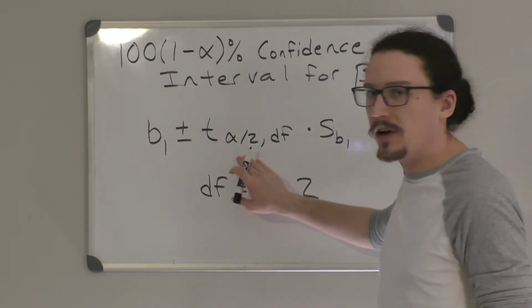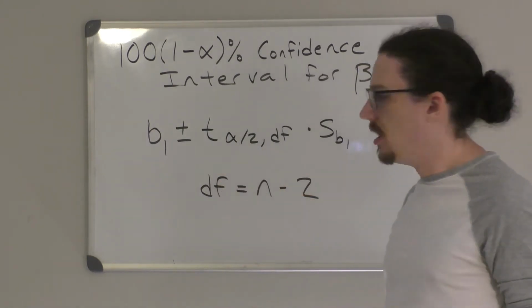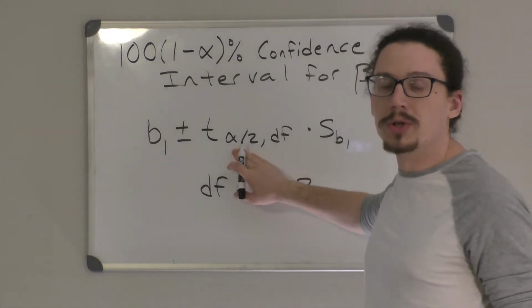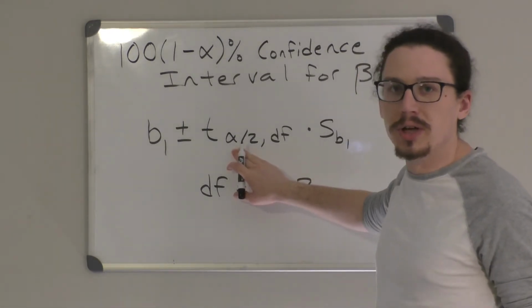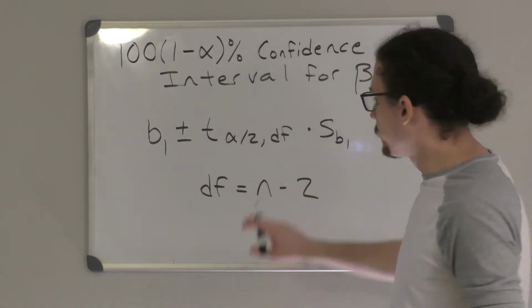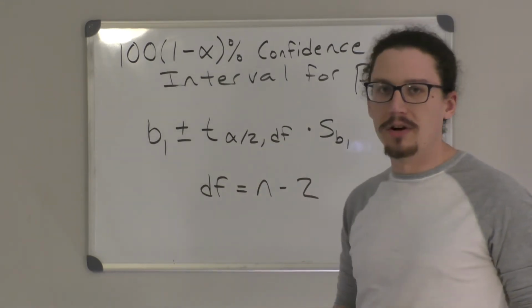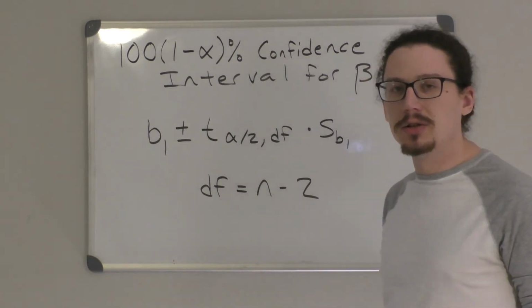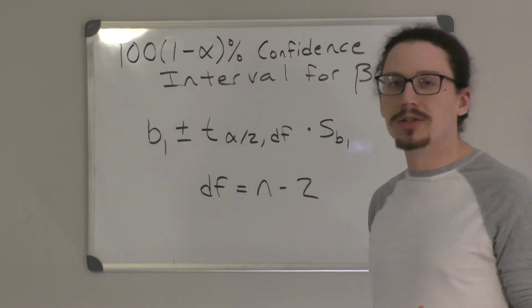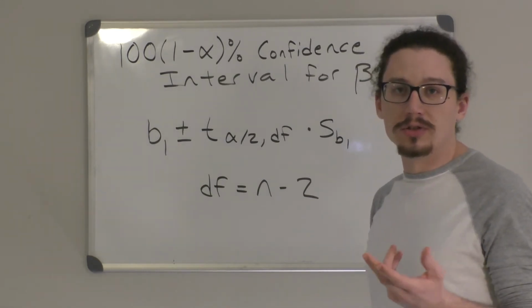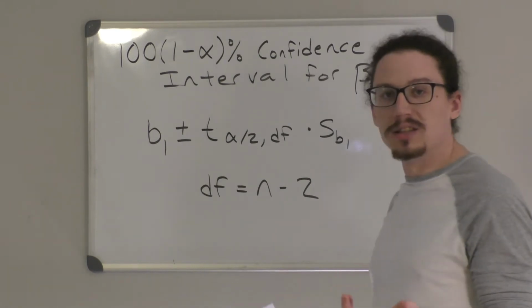We've got our critical value, using t, so t alpha divided by 2. Of course, when we're doing a confidence interval or a two-tailed hypothesis test, we need to divide alpha by 2. Our degrees of freedom for this is n-2.